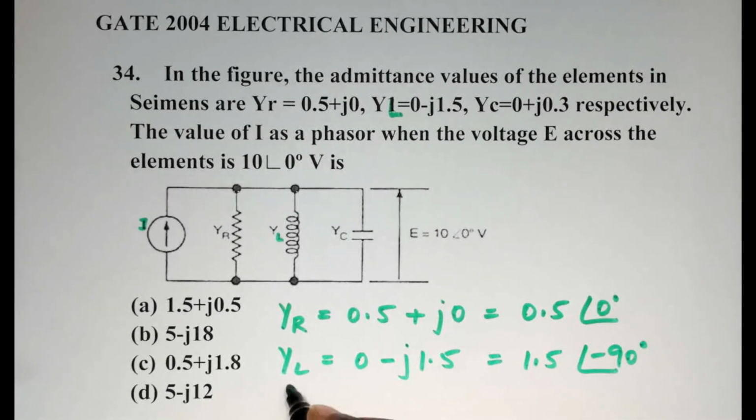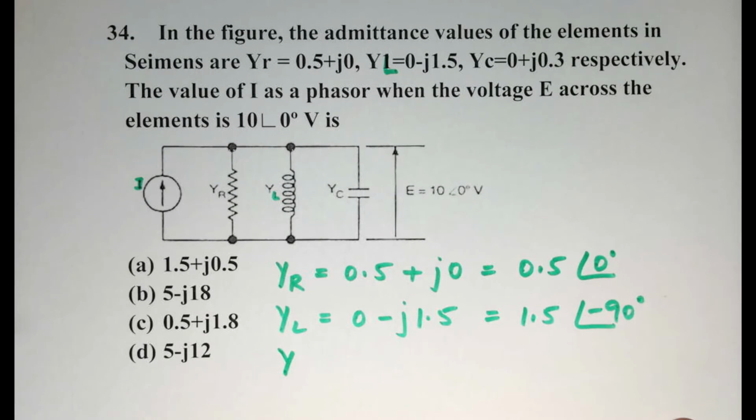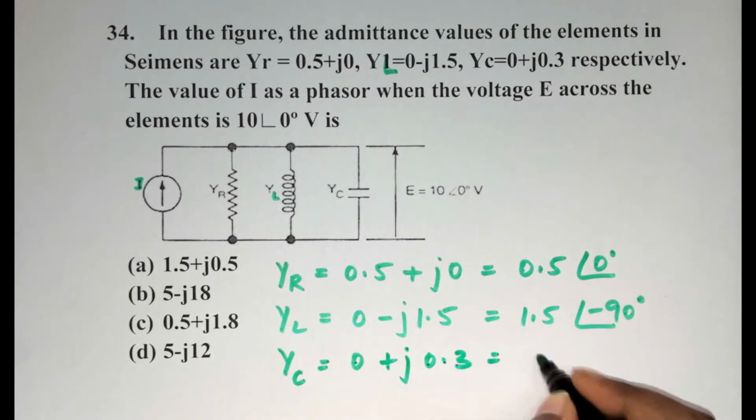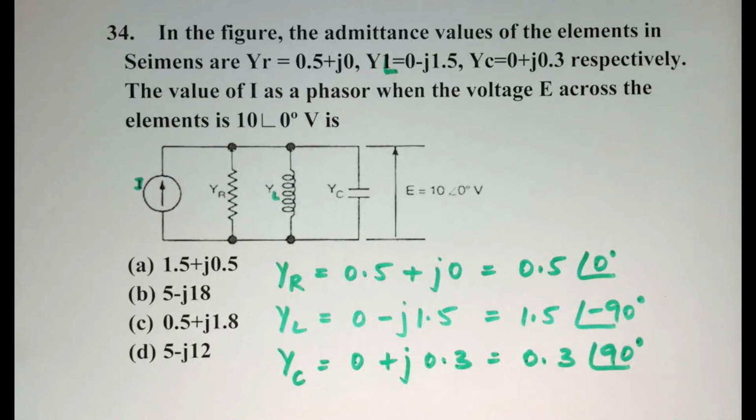And then we have YC. YC is 0 plus J0.3, and that's 0.3 angle 90 degrees. Okay, so these are our values. Now we will use these polar forms in order to solve.